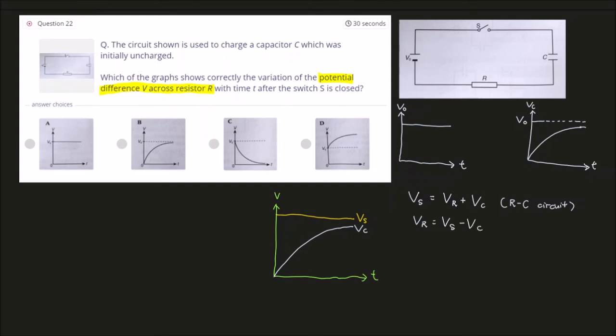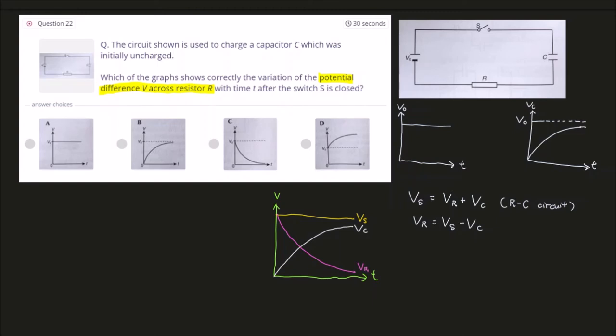So if you know that, we can take this point minus this point, and slowly we find it for every single point. Then you see that the potential across the resistor will be dropping with a shape something like this. This is Vr.